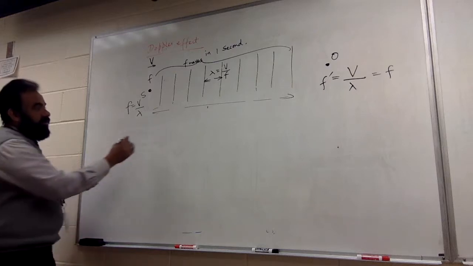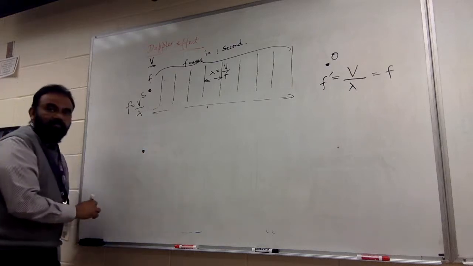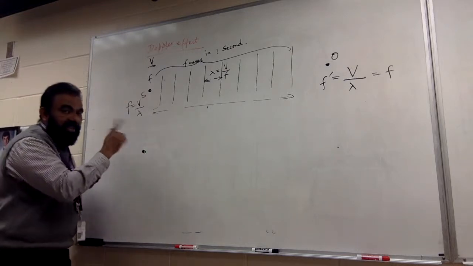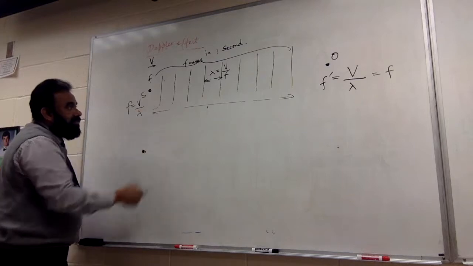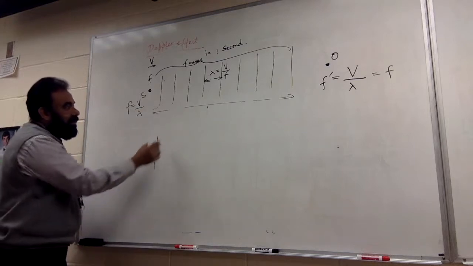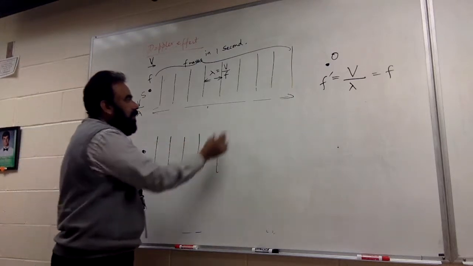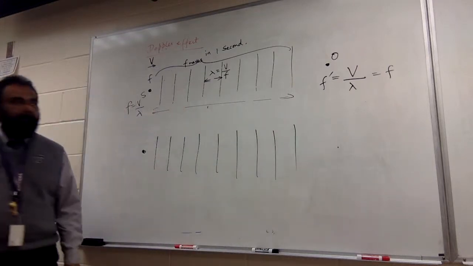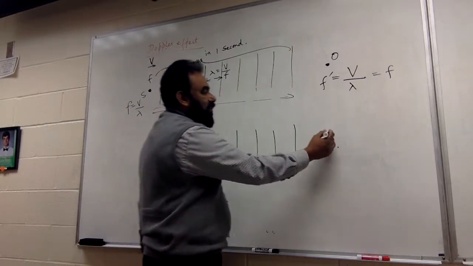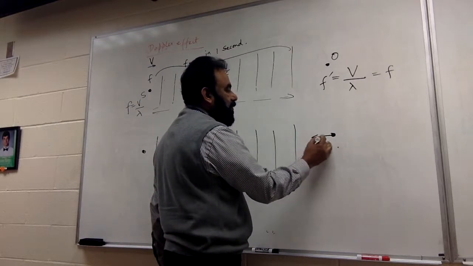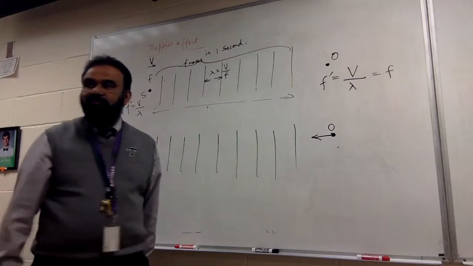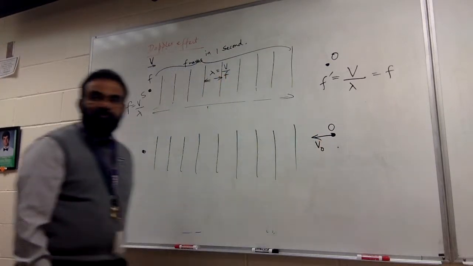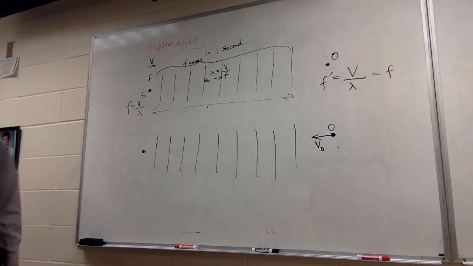All right, now the source is going to stay still, producing the same F waves. The observer is going to move. Let's say he's going to move towards with the speed of VO.